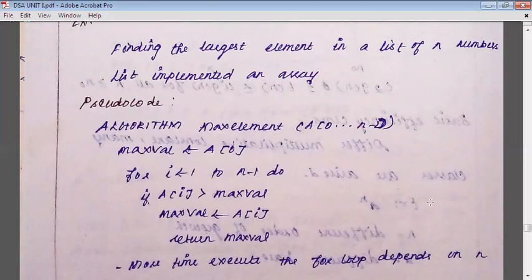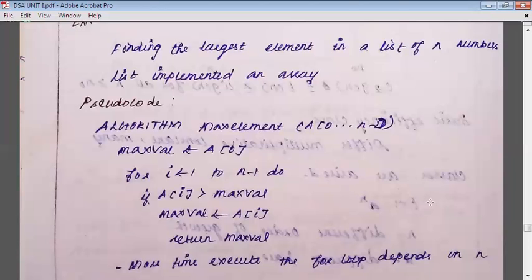Next, for i incremented by 1, using a for loop, i runs from 1 to n minus 1. Why does i start from 1? Because A of 0 is already assigned as the maximum value. So we take the next element and compare it to the previous one. The next element is at position 1 and the previous element is at position 0, so A of 0 is compared with A of 1.